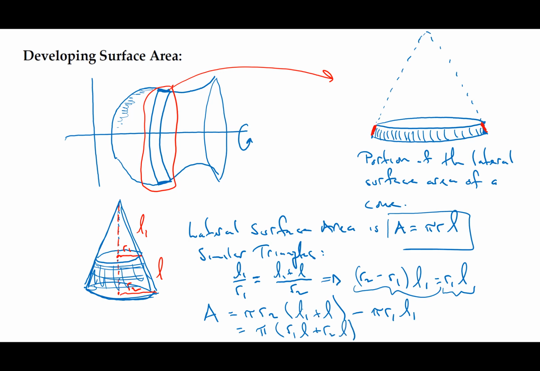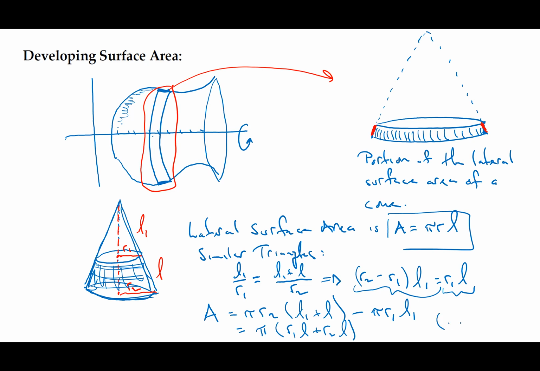But don't forget what we're actually going to wind up doing, right? We're going to take this and, like anything, partition and have these intervals of length delta x. And they're going to become infinitely small. So what does that mean for R1 and R2? Well, how about we just define a new R, maybe the average.